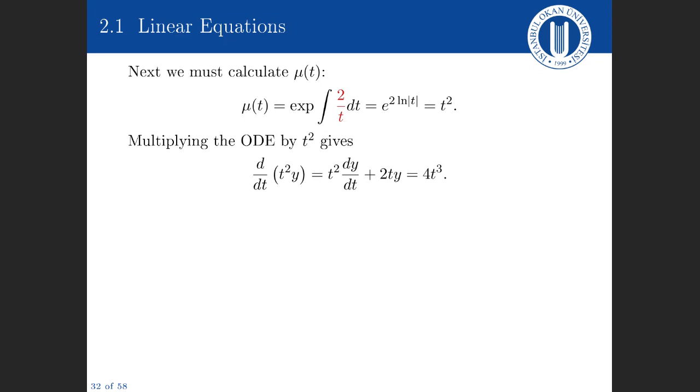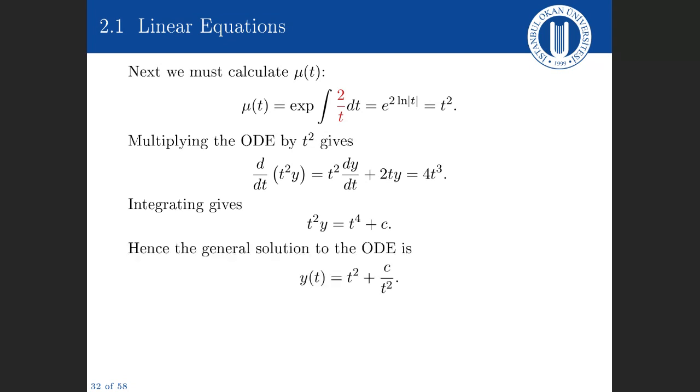The left side is just the derivative of t²y. So then we can integrate. t²y is equal to t⁴ plus a constant. Divided by t², we get the solution to the differential equation: y = t² + c/t². All that's left is to choose the correct constant c.